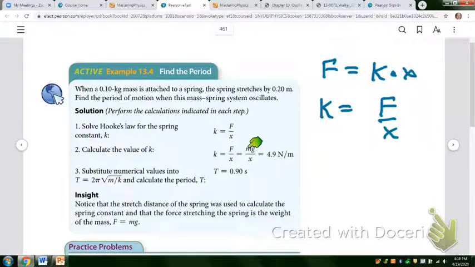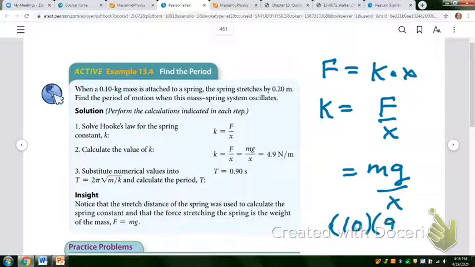And so now if you calculate that, you're going to have mg divided by x, and your m is 0.10, so you take 0.10 times 9.8 and divide it by x, which is 0.2. And then if you type that in the calculator, you should come up with 4.9 for your spring constant.